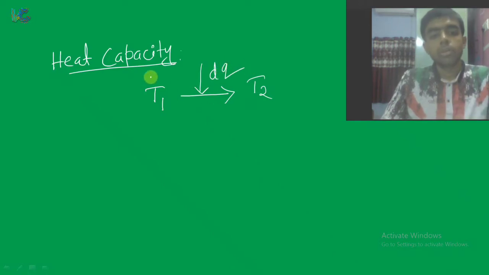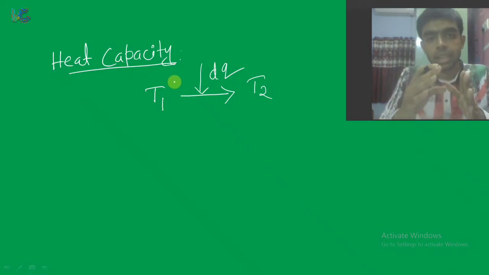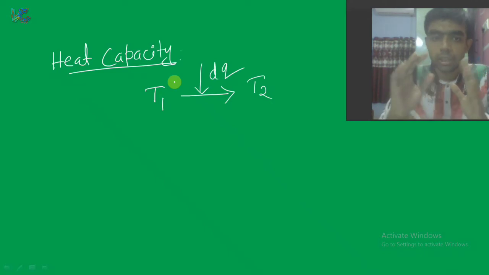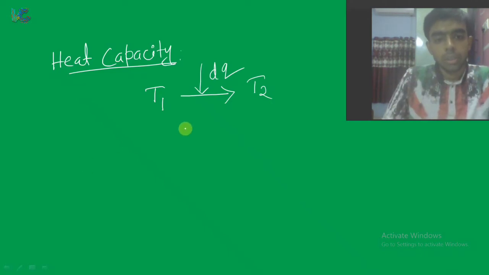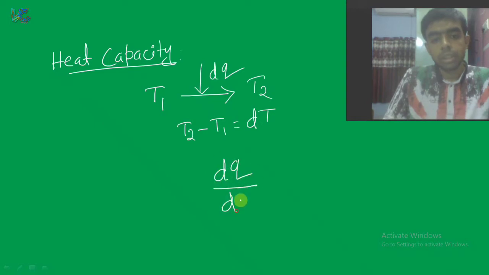That means the temperature difference is T2 minus T1, which I designate as dT. Now if you take the ratio of dq to dT, this will give heat capacity.